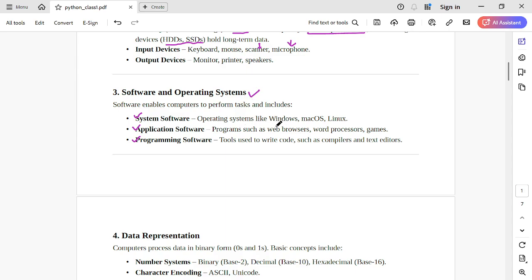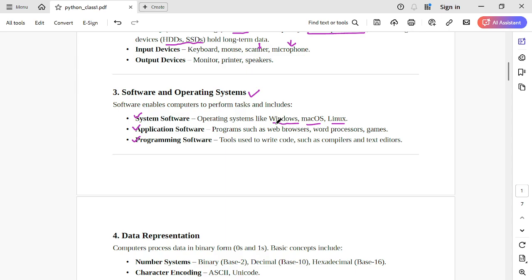We are having different operating systems. Normally, you used to work with Windows operating system. We are having Mac OS as well as Linux also, right? For Linux, some examples are Ubuntu, Debian, CentOS, these are the operating systems that are available, right?